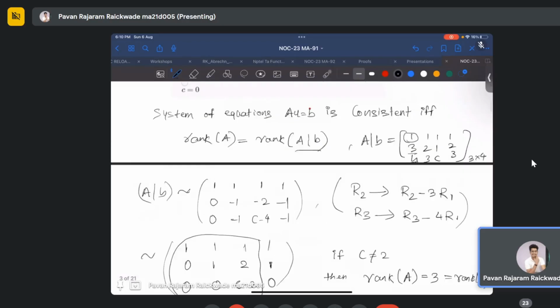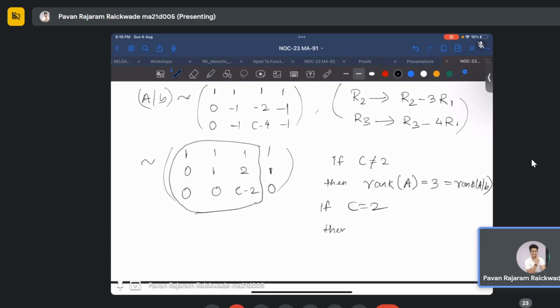If C equals 2, then rank of A will be 2, which will be again the same as rank of A augmented B. So this system is always consistent.